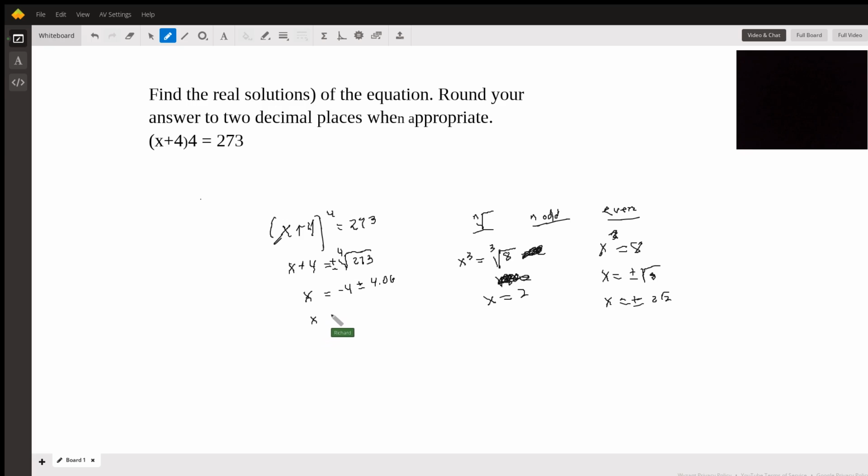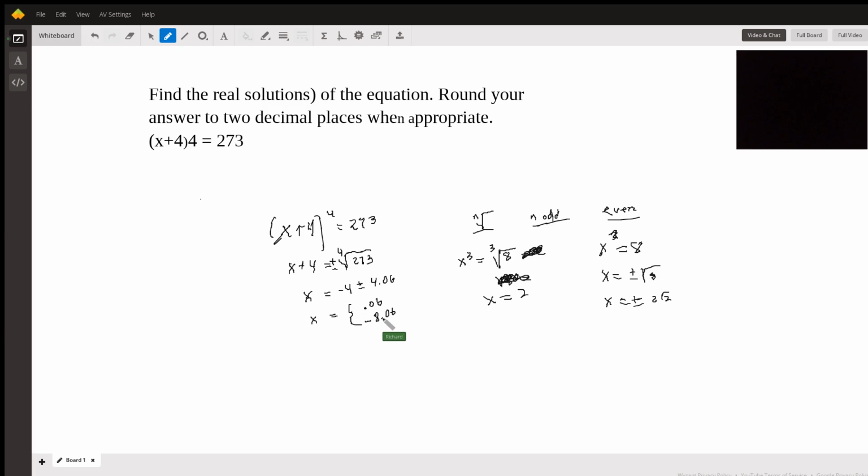And then we're going to have two answers here. Negative 4 plus 4.06 is a positive 0.06, or negative 4 minus 4.06 would be negative 8.06.